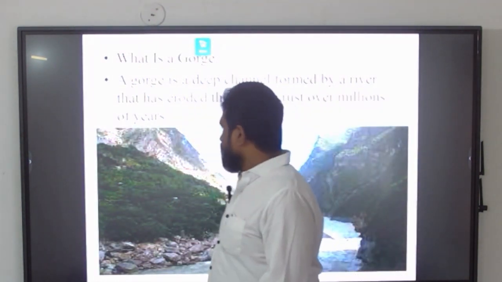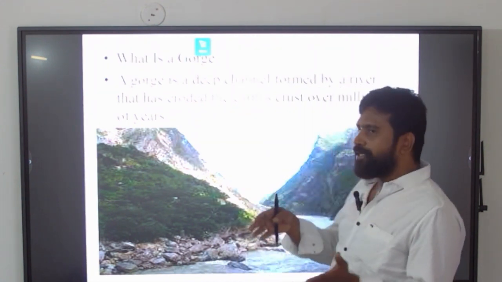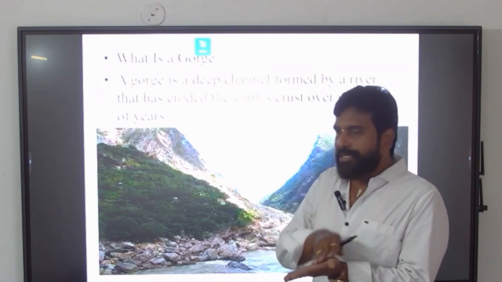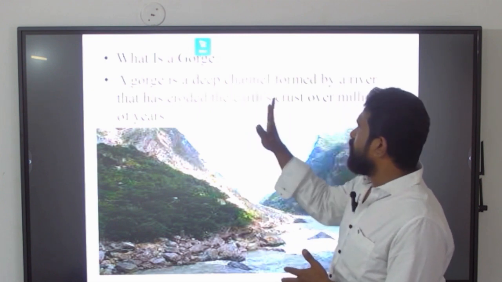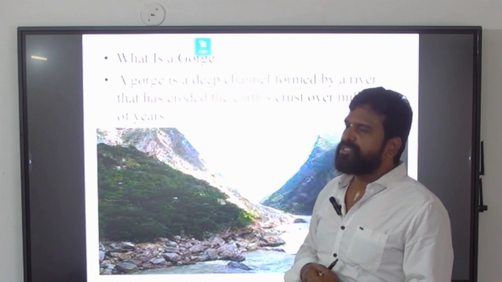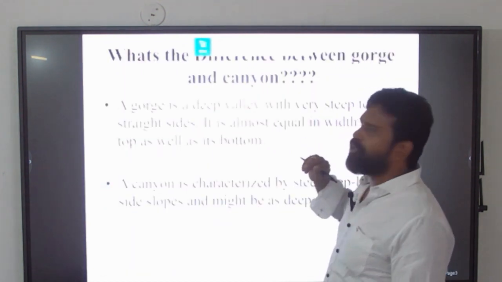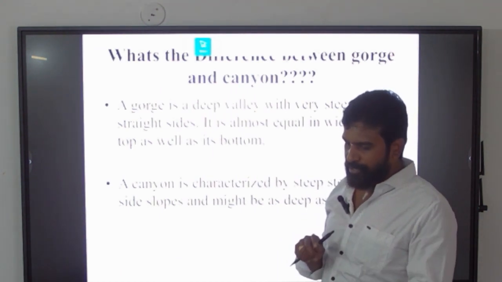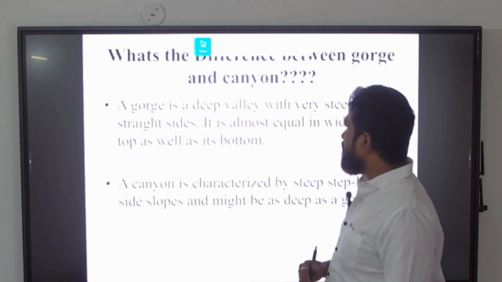When a river is flowing on the earth's crust, it might erode that crust, and that deep channel is called a gorge. Now you might have a doubt: there is one more thing called a canyon. We have that canyon in the USA, called the Grand Canyon.